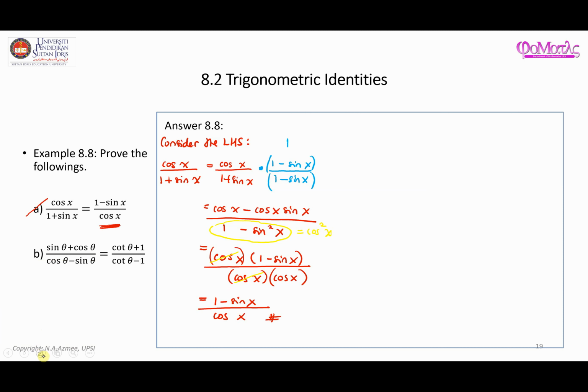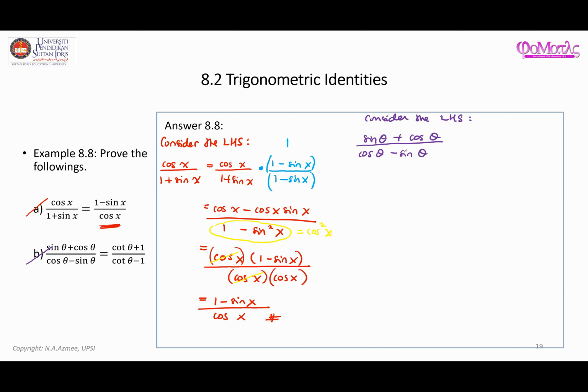Alright, now let's move on to the next question, which is question B. So here I'm going to consider the left hand side again, where we have sine theta plus cos theta over cos theta minus sine theta.